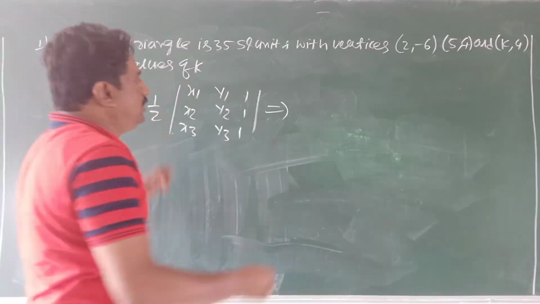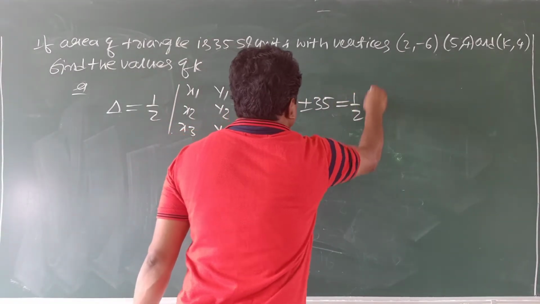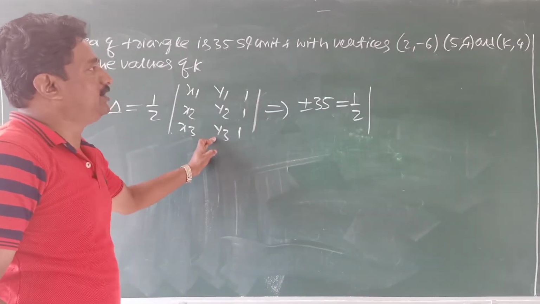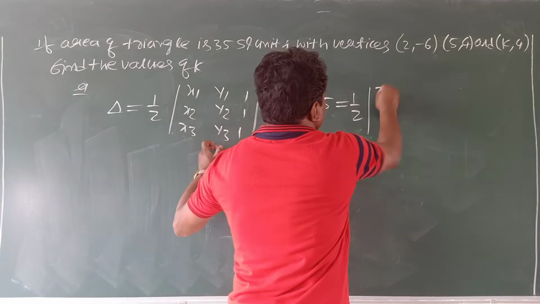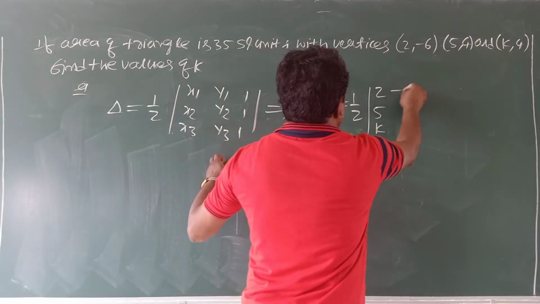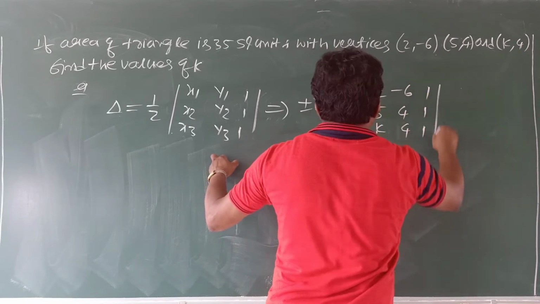How much is delta? Plus or minus 35 is equal to 1 by 2 into the determinant. Substitute x1 is 2, x2 is 5, x3 is k, y1 is minus 6, y2 is 4, y3 is 4, and 1, 1, 1.